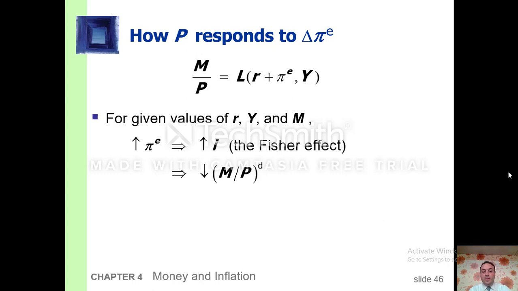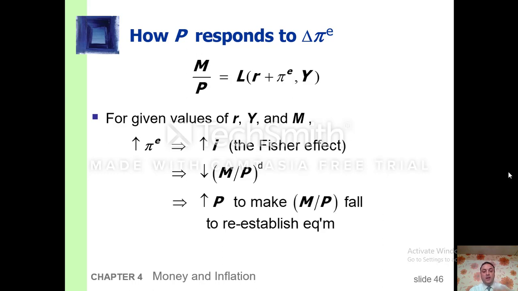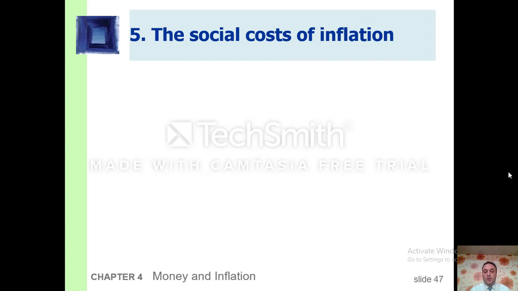Money demand will also decrease, because consumers will spend their money since it will be less valuable in the future. And when expected inflation increases, prices increase to make money demand fall, to re-establish the equilibrium between money demand and money supply.